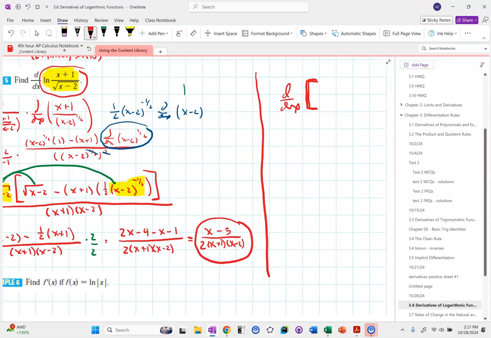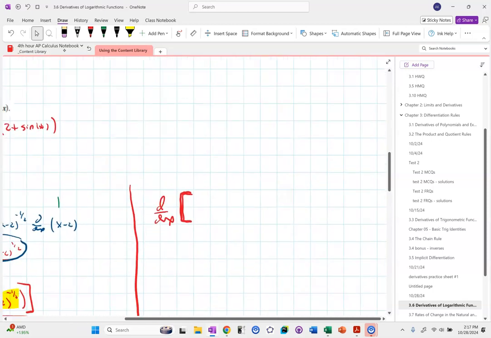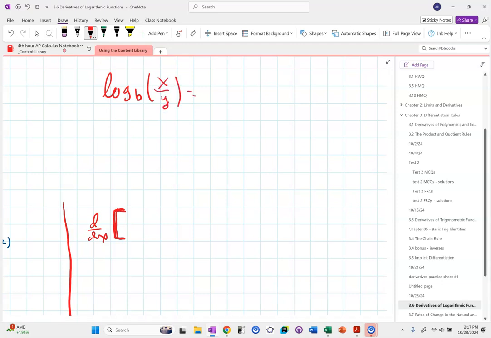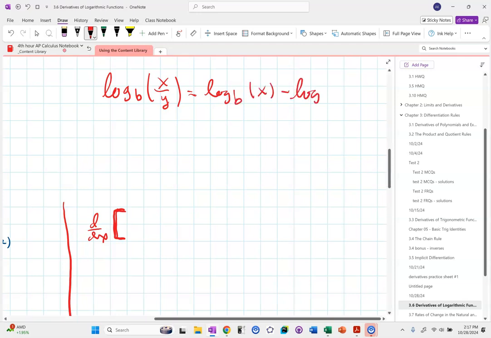So when I have the log of a quotient, how can I rewrite that? So it's log of the numerator minus log of the denominator. You guys remember that?